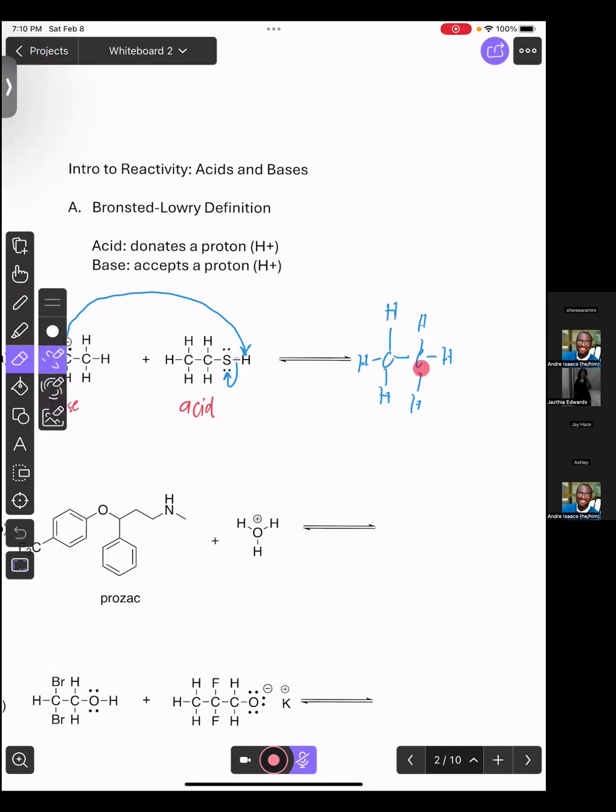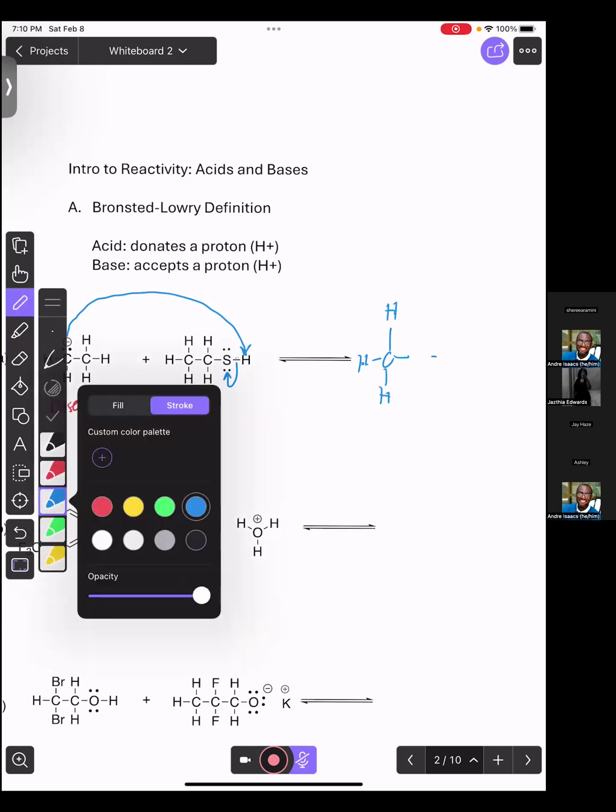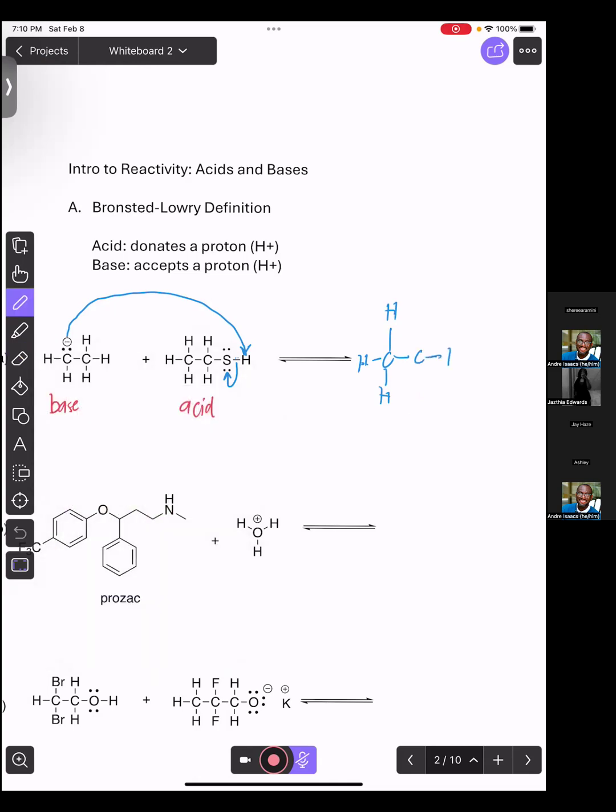Does that make sense? Let me try to draw this a little bit better. My handwriting is deteriorating over time. So you can see that the hydrogen, this is the one we just added, right? And the electrons that the carbon had are still there. They're in that bond, okay?